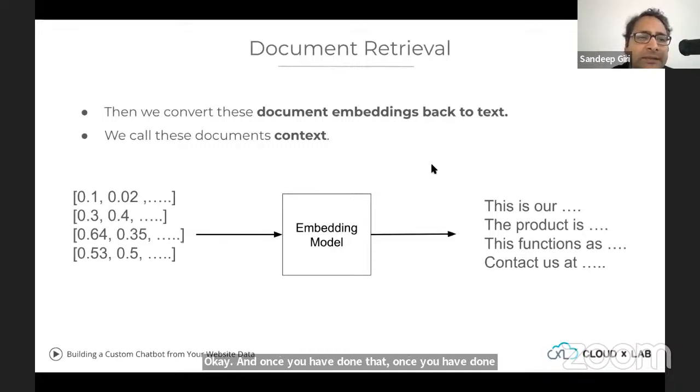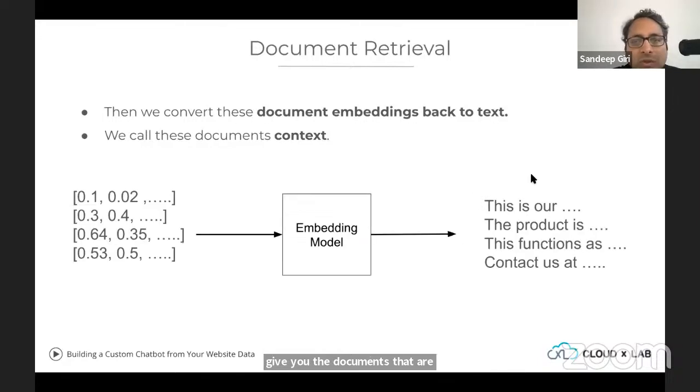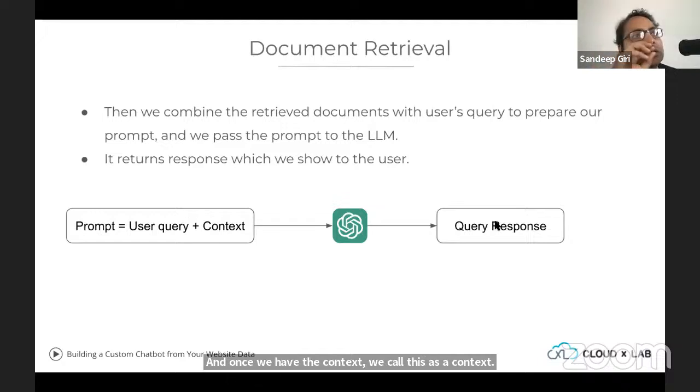Once we have done that, the vector store will give you the documents that are needed. We call this the context: all the documents we have gathered which are related to the user's question, the top four documents.